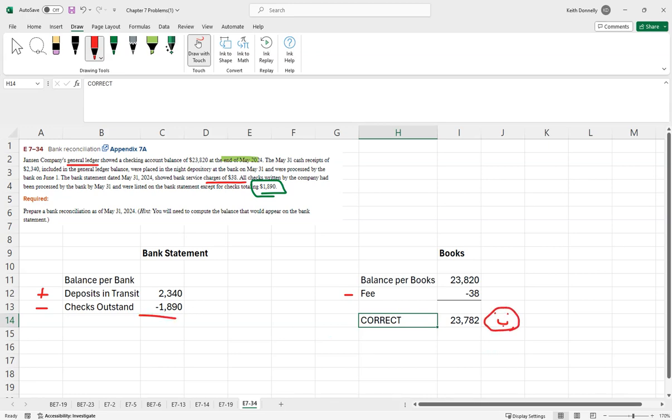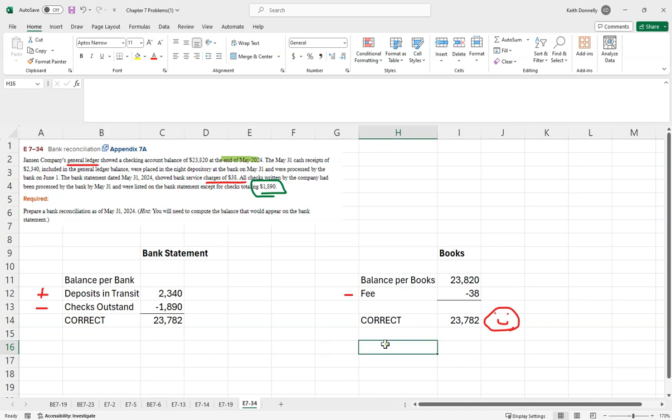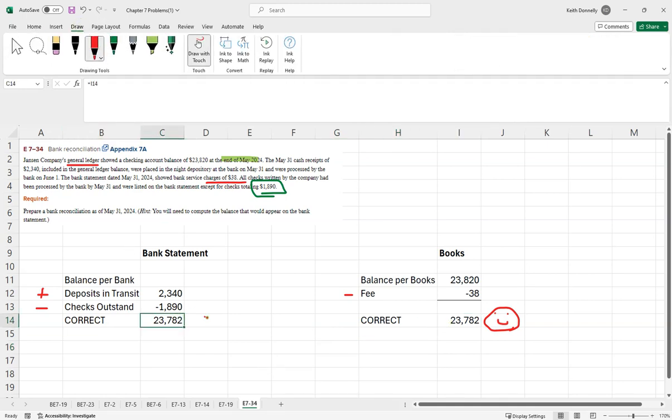So if that's what it needs to be, we know whenever we have a corrected balance that it needs to be equal on both sides, right? 23,872. Okay? Like smiley and smiley. Here's the deal, right?